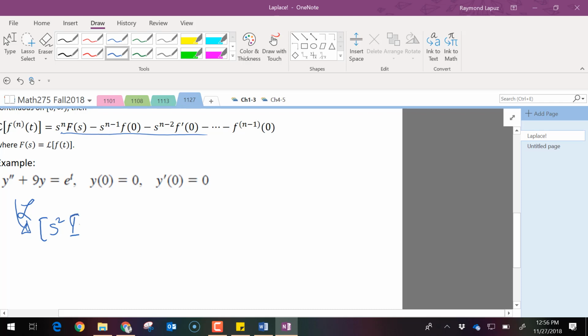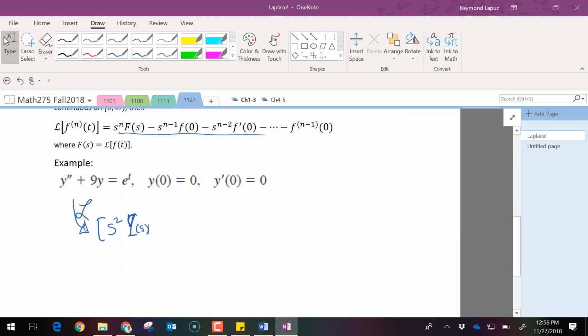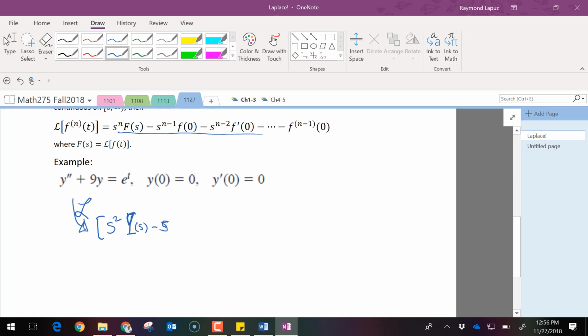And this is how I'm going to write my capital Y, just so it looks different from a lowercase y. I don't know if it'd be good to use the parentheses s there. I'd say it's Y of s, but I'll put that there for now. Minus, and then we take s one less power, s to the first power, and then we have y of 0.